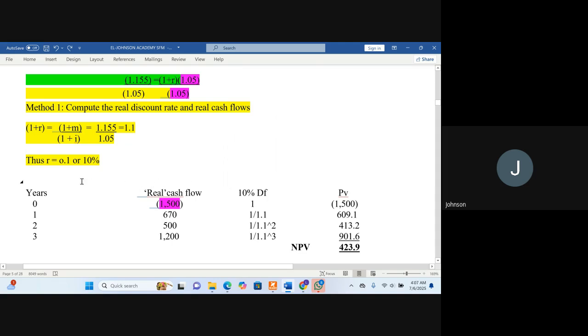Do you know our discount factor? To discount, how many of us know how to discount?